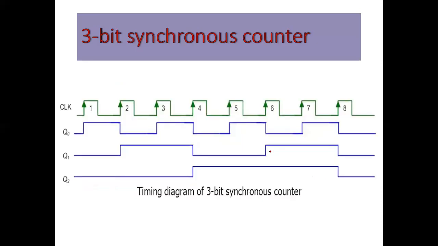So this is for the 3-bit synchronous counter. And what we have here: 0 0 0, 0 0 1 that is 1, 0 1 0 that is 2, 0 1 1 that is 3. Similarly, we have up to the last one, that is all ones, 1 1 1.